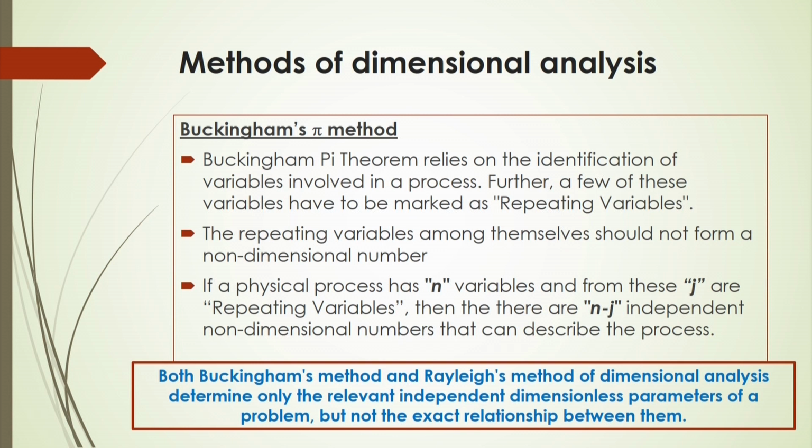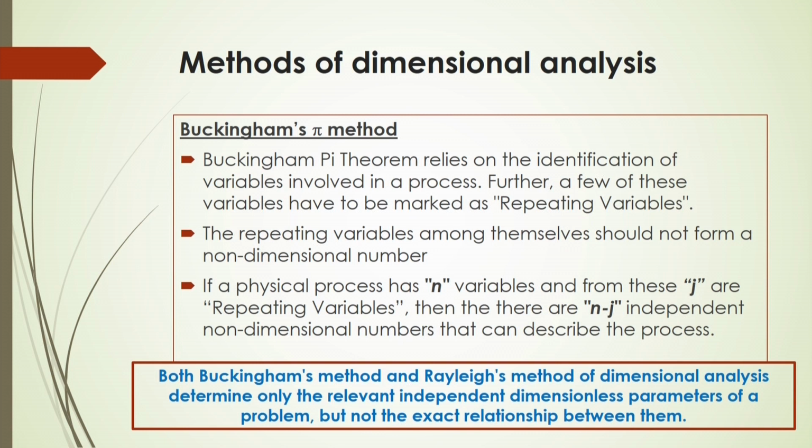So, if I have n variables, and j are the repeating variables, then we can make n minus j independent non-dimensional numbers, and those dimensionless numbers will be used to express the flow phenomena of the physical process, just by expressing the dimensionless number made by the dependent variable as a function of the other non-dimensional numbers.